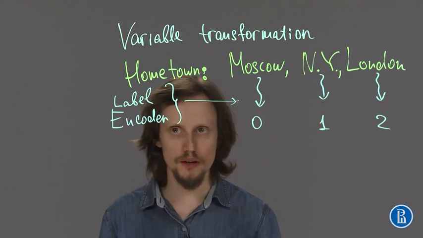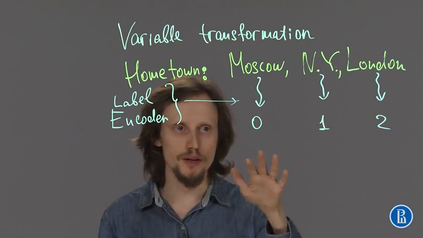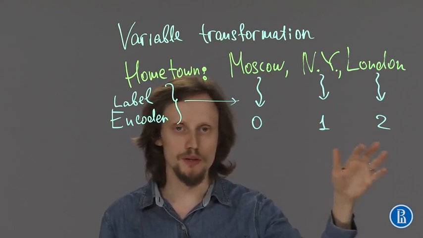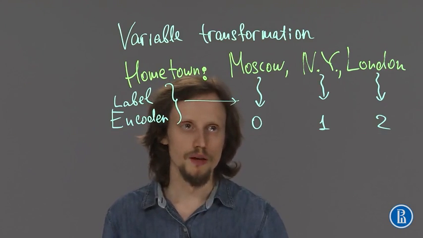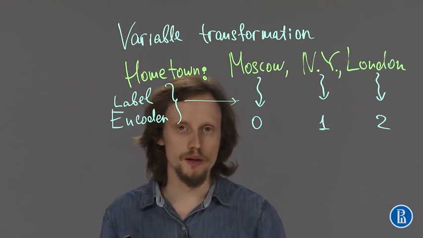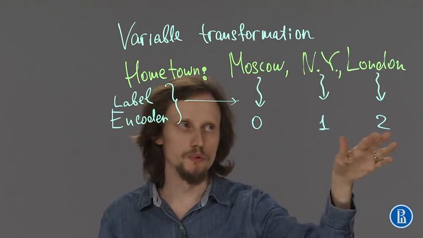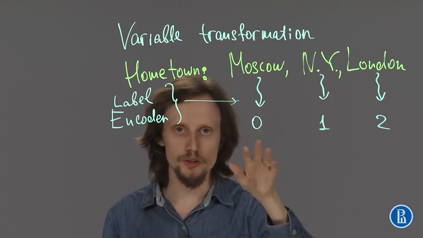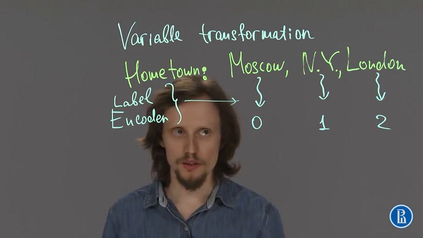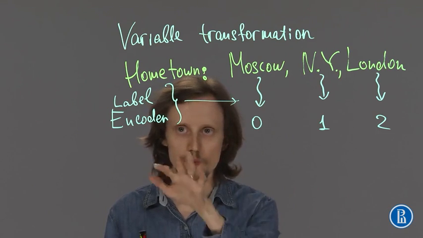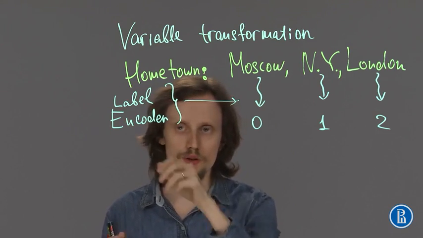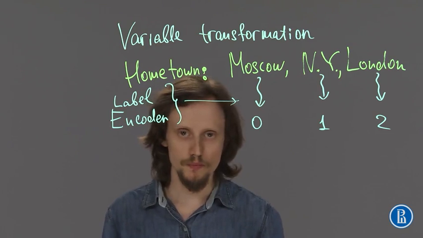But we understand that these relations between these numbers are just an artifact of our encoding scheme. Because, for example, we can denote Moscow by number 2 and London by number 0, and these relations will be reversed. And we see that it is just because we changed our mind about this encoding scheme.